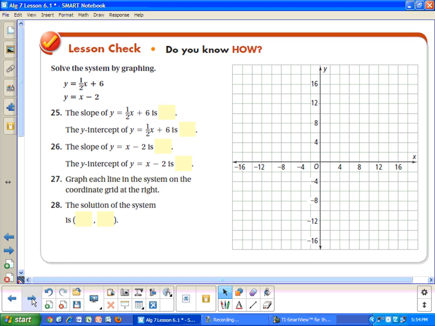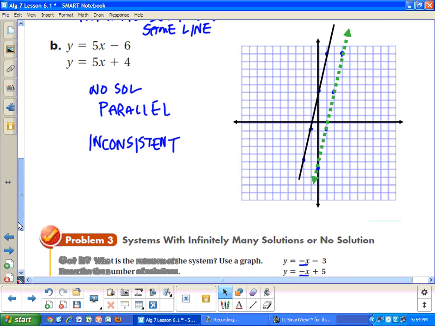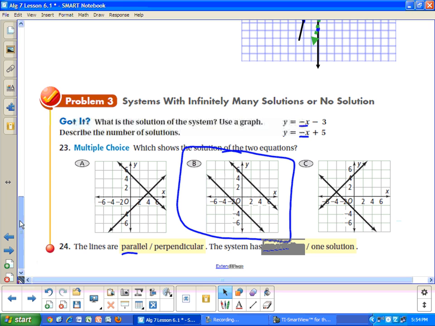All right, lesson check. Click on this one here. We're missing 29, 30, and 31.